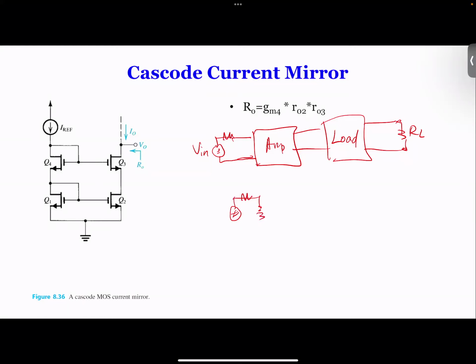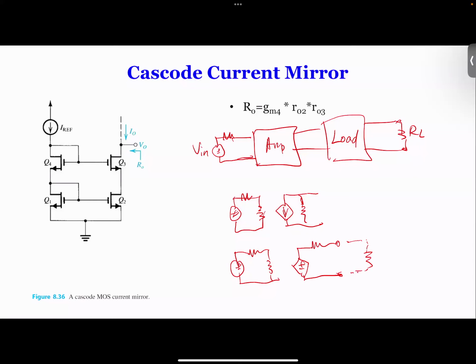Let's say there's an internal resistance here. Or if we use a voltage source, it's easier, because you can always convert a current source into a voltage source, okay? And this is your load resistance.